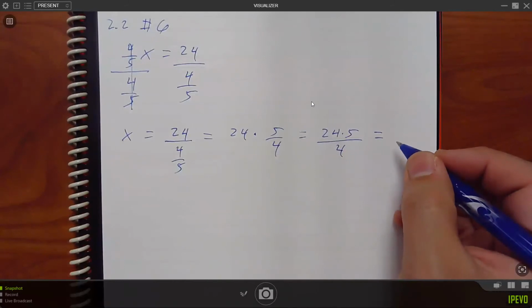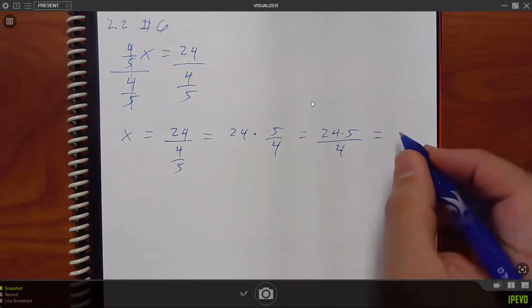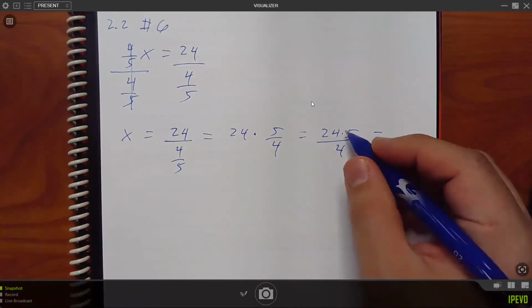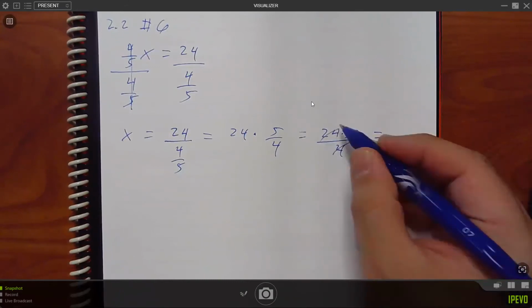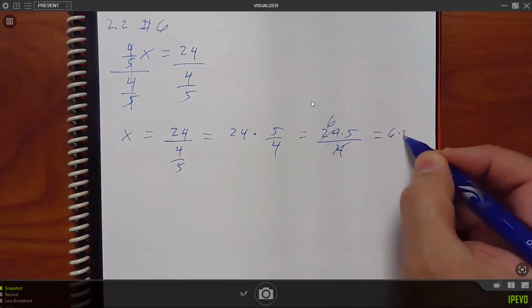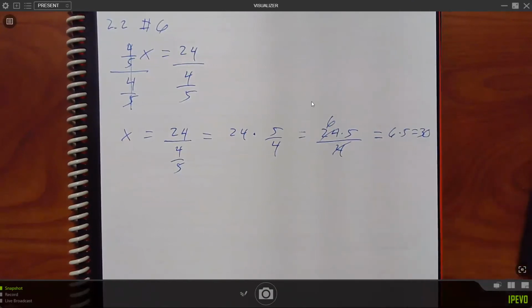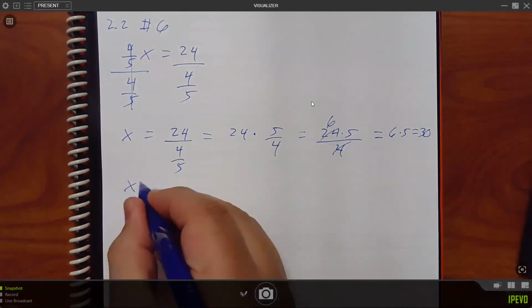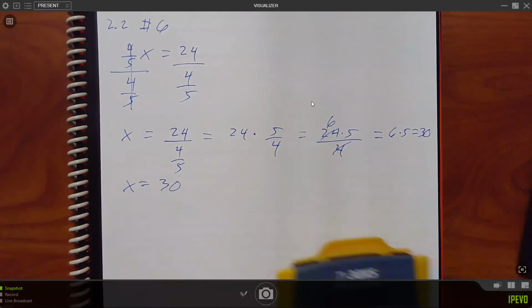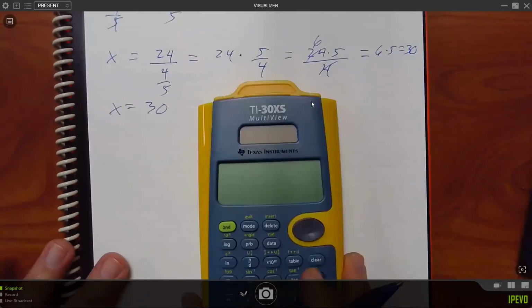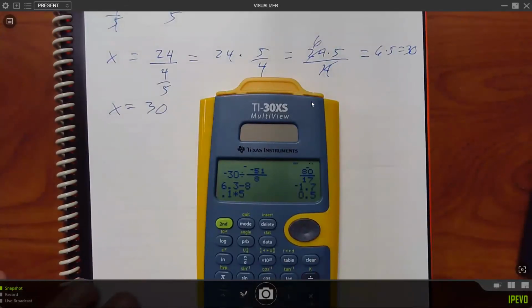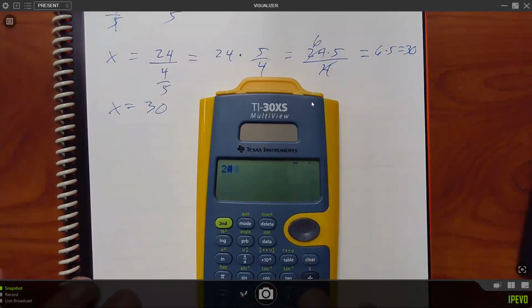Let's see, close. 6. So 6 times 5 is 30. So x is 30. If you use your calculator, you could have just done 24 divided by the fraction, 4/5.